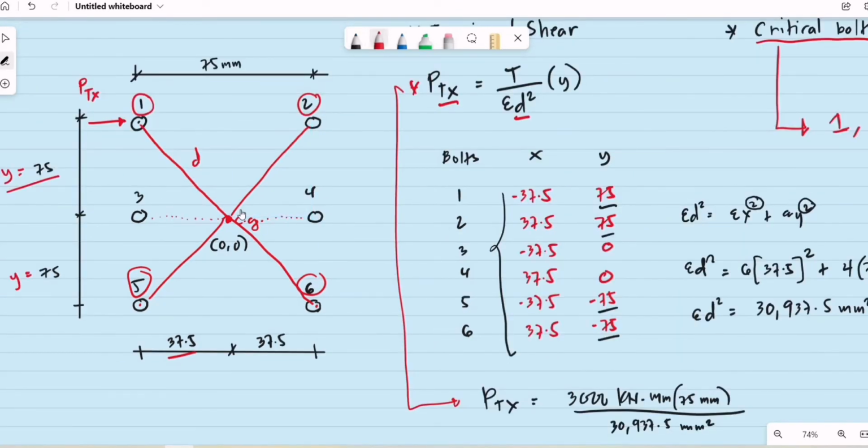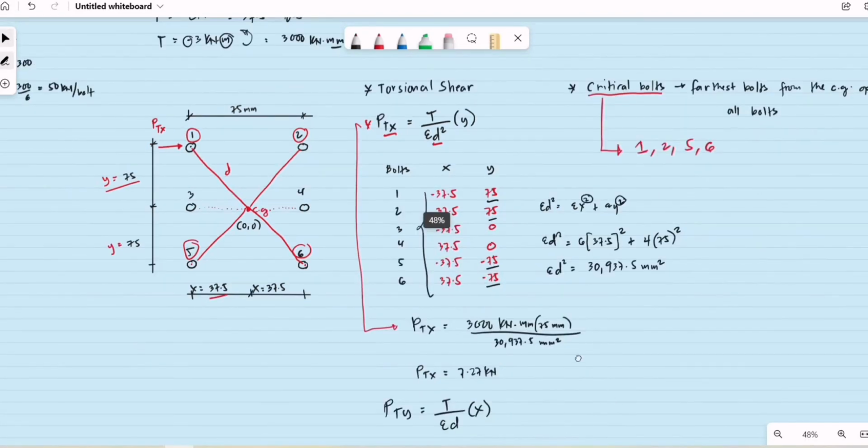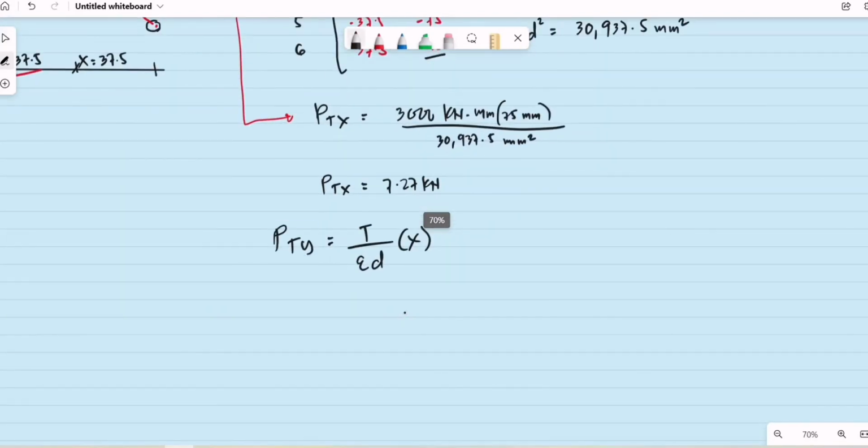Obviously, that will be our X. The value of X is equal to 37.5 mm, again 37.5 mm for all critical bolts 1, 2, 5, and 6. So P sub Ty is equal to the total torque, 3,000 kilonewton mm, multiplied by X, 37.5 millimeters, divided by the summation of the D squared, which is 30,937.5 square mm.